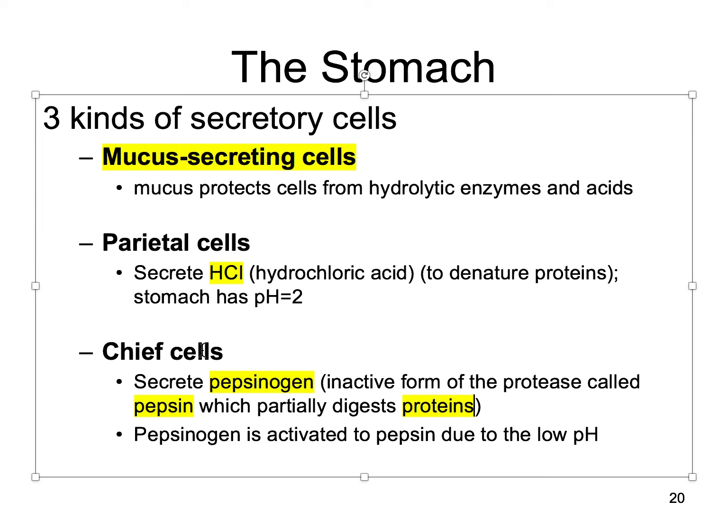So the purpose of chief cells is to make an enzyme, which is turned into an enzyme, which digests proteins. And the way it turns into the active enzyme is pH. There's a cleavage step that happens in pepsinogen, the conversion of pepsinogen to pepsin, and it's catalyzed by low pH. So parietal cells need to be doing their job in order for chief cells to make viable pepsin that can actually digest protein.